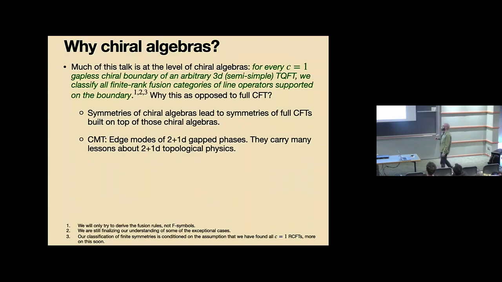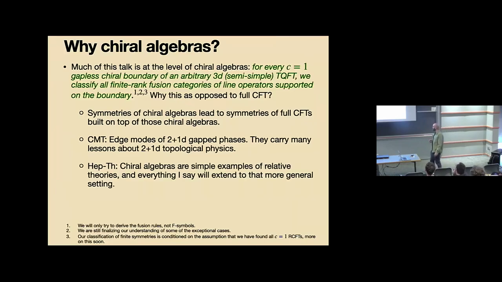The second thing is that if you're a condensed matter physicist, then maybe even the chiral algebra is interesting in its own right. Oftentimes you don't have a full conformal field theory, but rather you have some bulk 2+1D topological phase, and it has some boundary and some edge modes, and people are interested in this setup for various physical reasons.